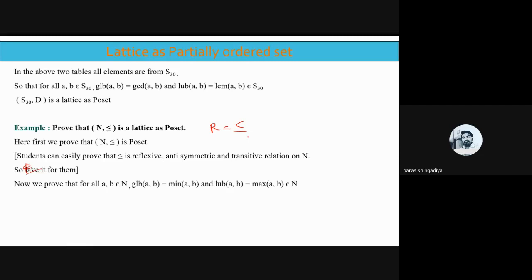So for the less than or equal to relation, for all A, B belonging to N, GLB of A, B can be defined as the minimum of A, B, and LUB of A, B can be defined as the maximum of A, B. If the minimum and maximum for all pairs A, B belonging to N are again natural numbers, then GLB and LUB belong to N, and we can say that (N, less than or equal to) is a lattice as a poset.